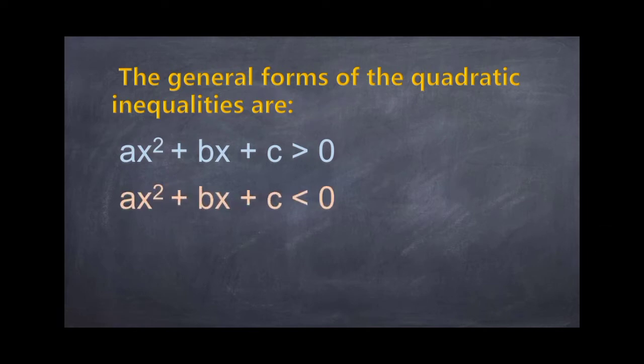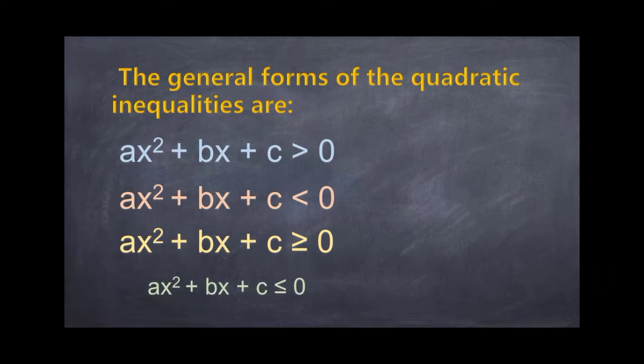Okay, next is ax squared plus bx plus c is less than 0. Third, ax squared plus bx plus c is greater than or equal to 0. And the fourth one is ax squared plus bx plus c is less than or equal to 0.